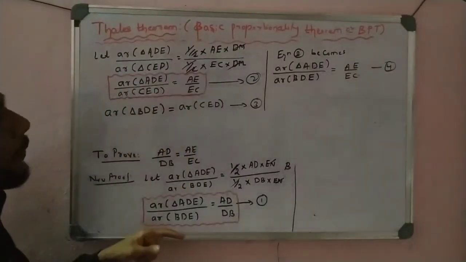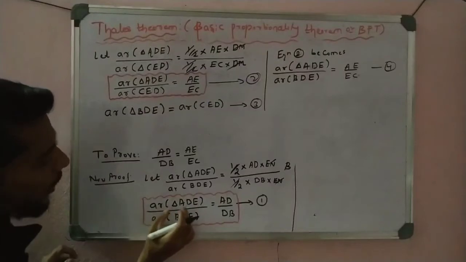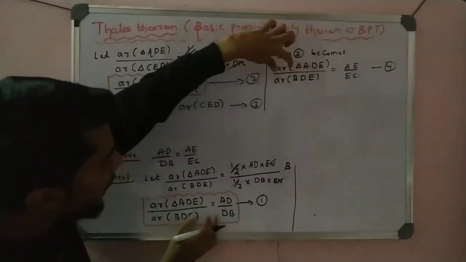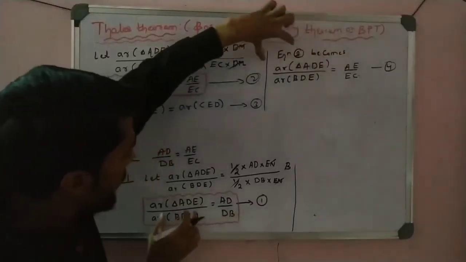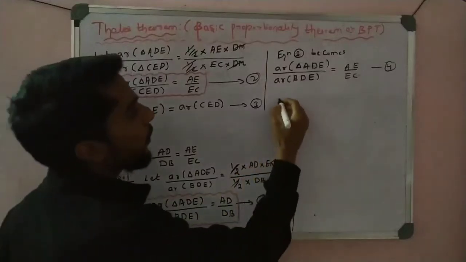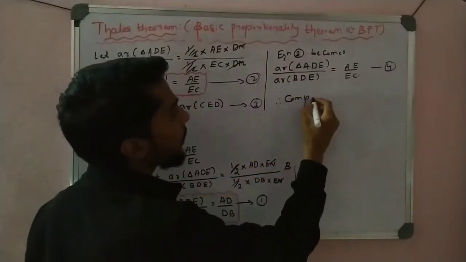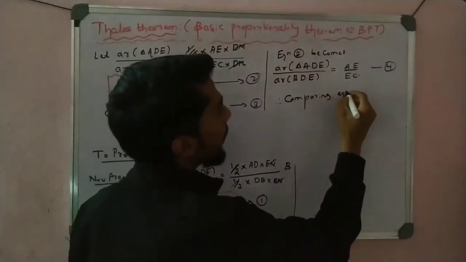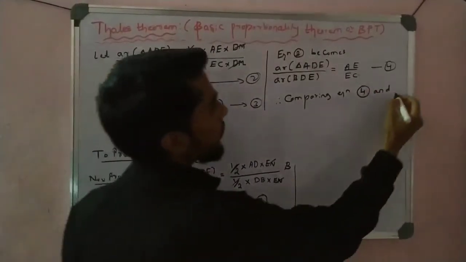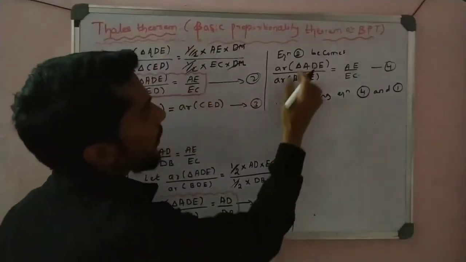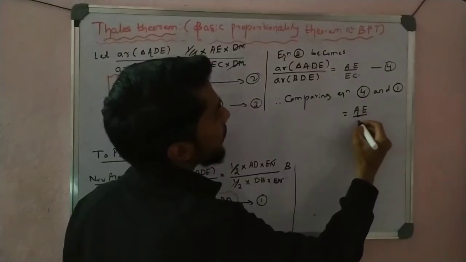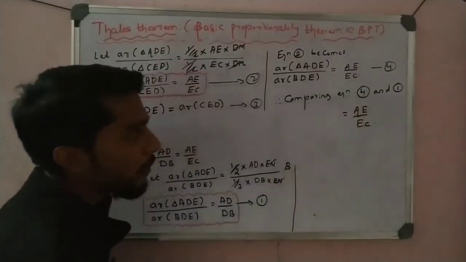So now let us compare 1 and 4. See here, area of ADE divided by area of BDE is equal to this thing. If this is equal to this, then this is also equal to this, correct? So comparing equation 4 and equation 1, we observe that AE by EC is as it is.